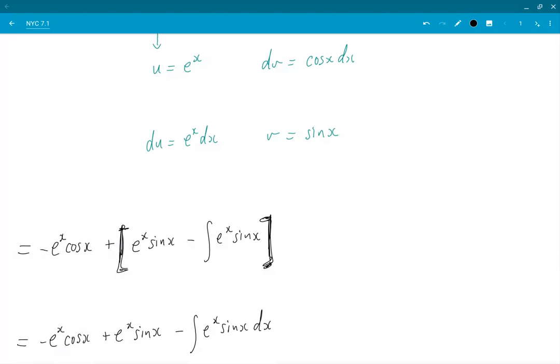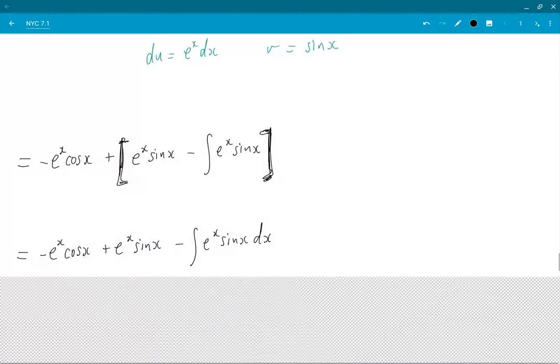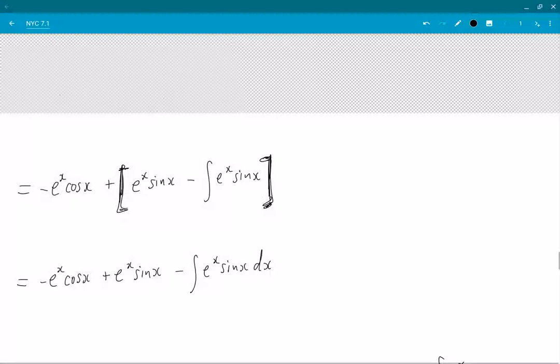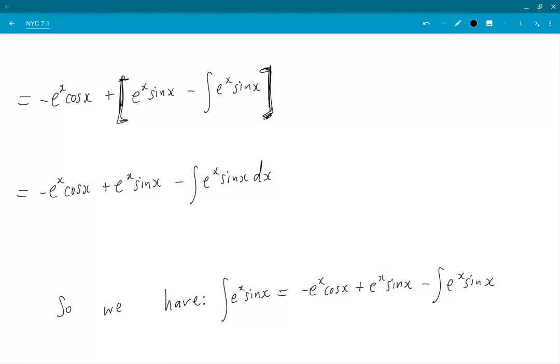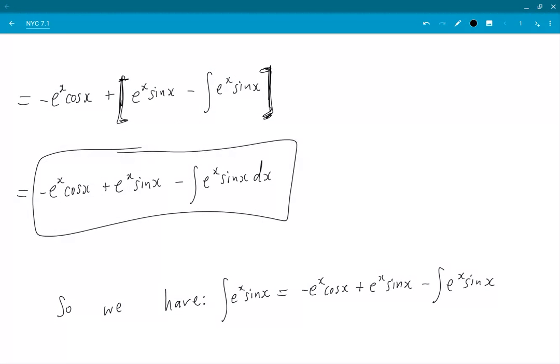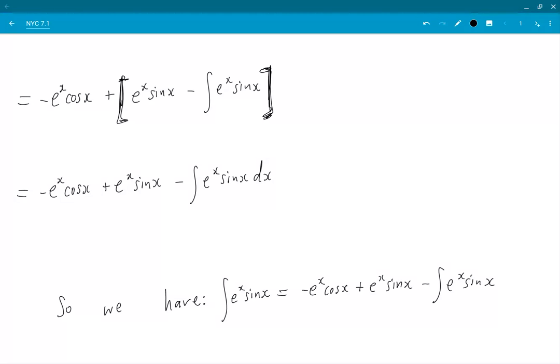In fact, we call this integral a boomerang. We have found that the original integral is equal to all this stuff.